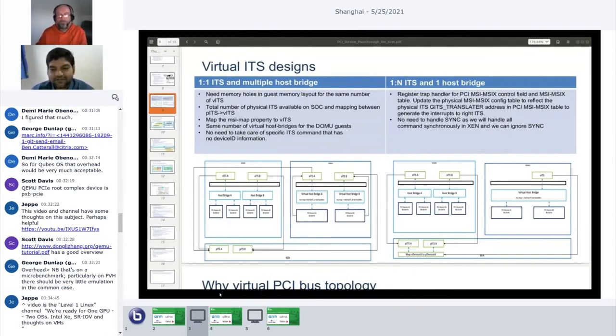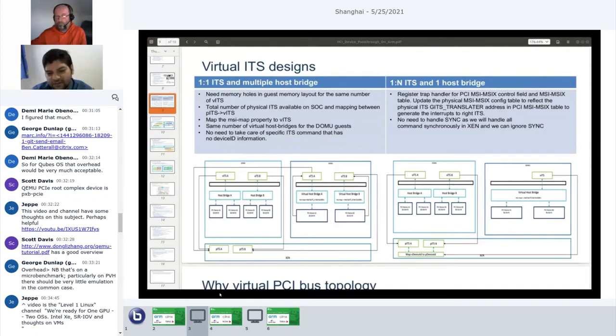So currently we are in the process of implementing the virtual ITS for the DomU guest. As I discussed in the session, there are two possible designs we can implement for the virtual ITS. One is to create as many virtual ITS as we have physical ITS on the SoC.